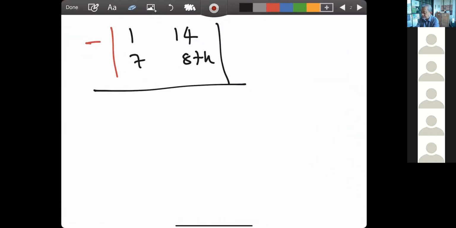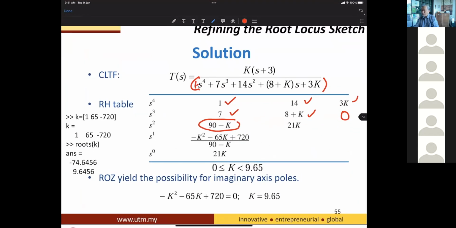So you will get 90 minus K, and 21K, and this one is 0 as well. Then continue to fill up until the end, S power of 0. This one is 0, 0, 0, 0. Okay.